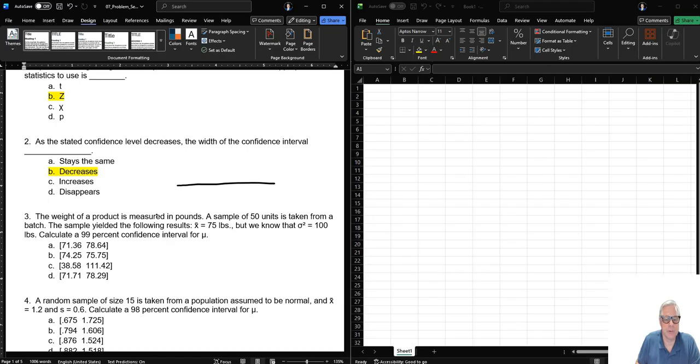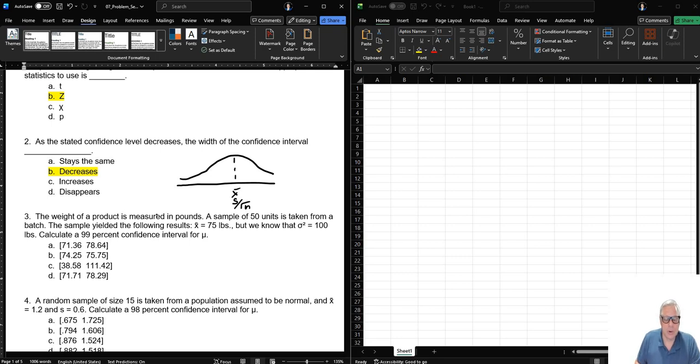So we have a sample, and around that sample we essentially build the confidence interval. So we have here our sample mean, and we have the standard error, which is the standard deviation of the sampling distribution, which is the sample standard deviation over the square root of n.